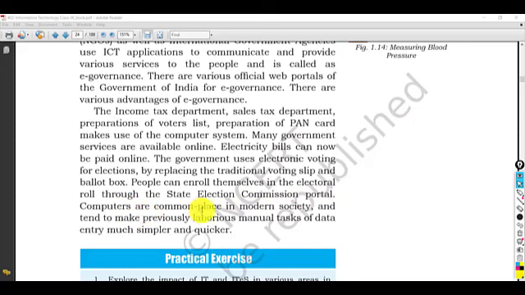Computers are commonplace in modern society and make the laborious, manual task of data entry much simpler and quicker. So this is very easy and very helpful for us with IT applications.